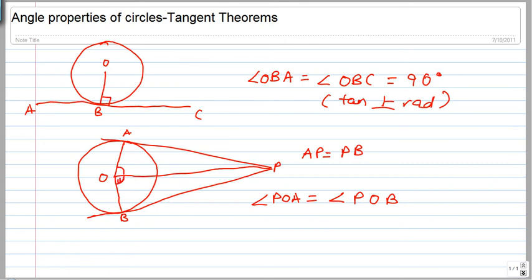These two angles are the same. POA equals POB.